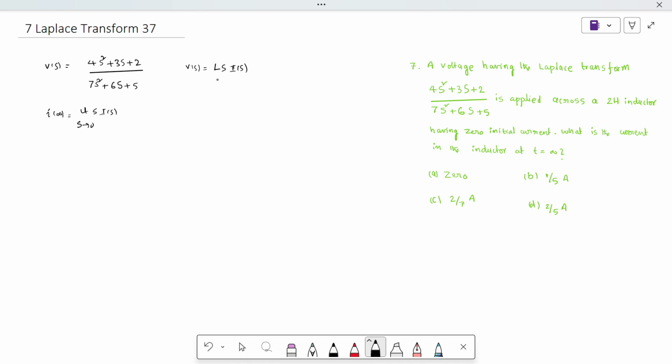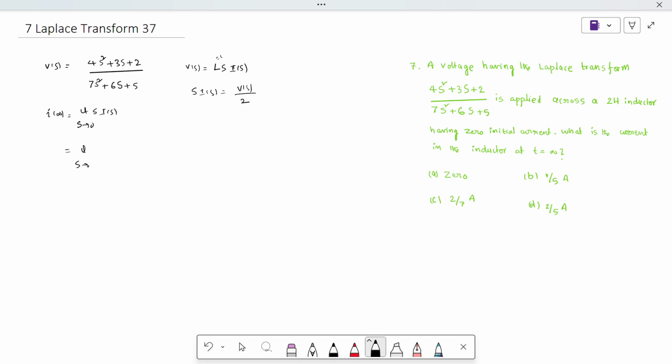We need s into I of s, and L equals 2, so s into I of s equals V of s by 2.